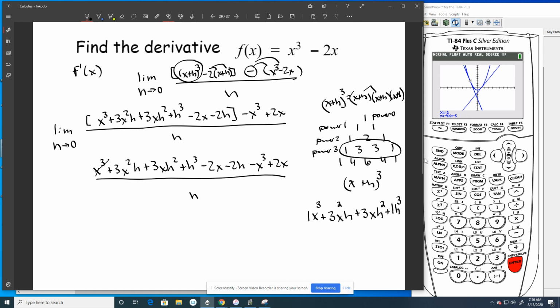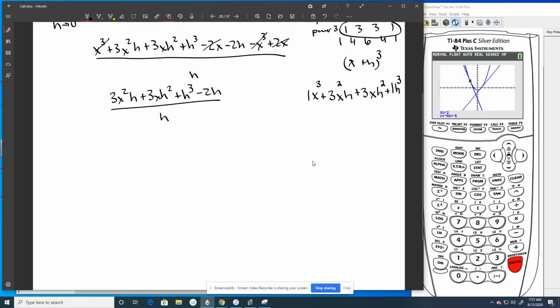So my x cubed cancels with my negative x cubed, and my 2x cancels with my negative 2x. So I'm left with 3x squared h plus 3xh squared plus h cubed minus 2h, all over h.